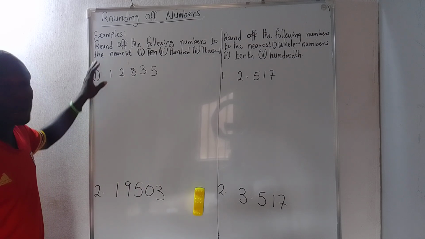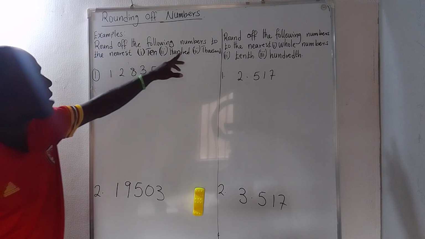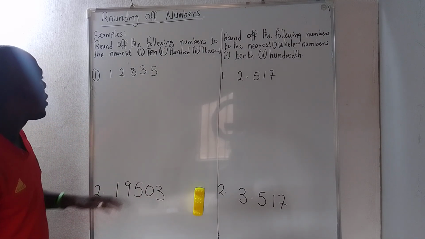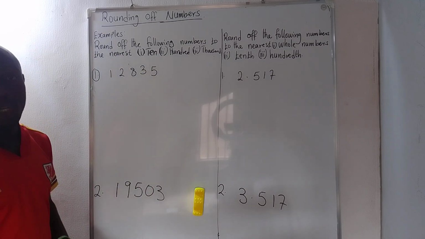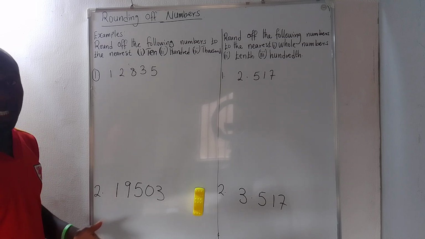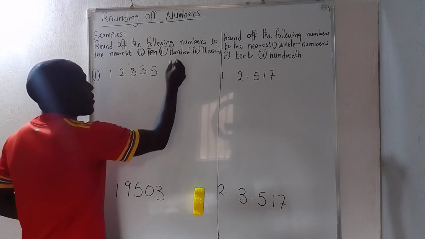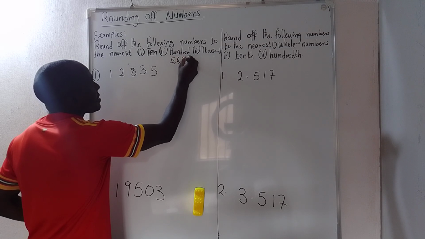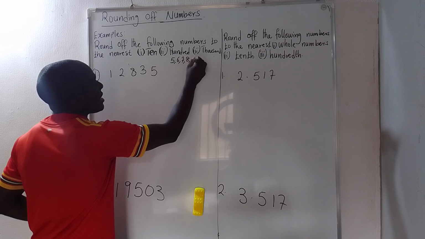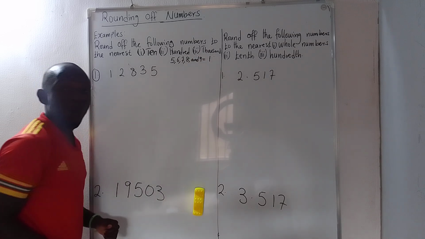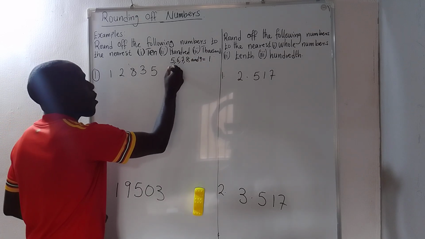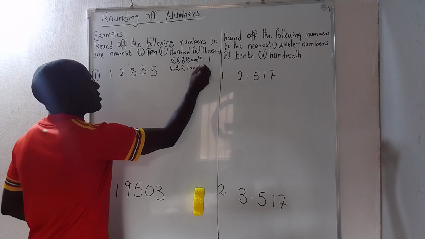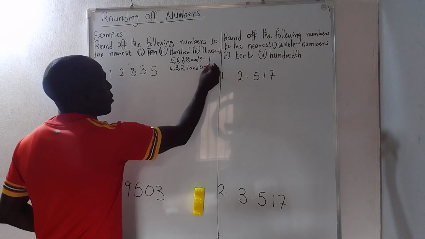The first example says we should round off the following numbers to the nearest 10, 100 and 1000. The first thing a child needs to consider in rounding numbers to 10, 100 or 1000 is that digits 5, 6, 7, 8 and 9 should be rounded up to 1, while digits 4, 3, 2, 1 and 0 should be rounded down to 0.